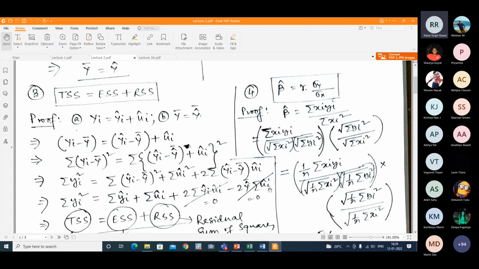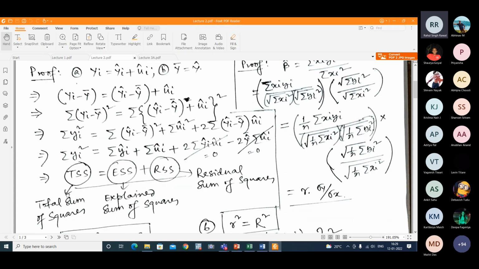So this into summation of u hat i, and again this will be cancelled out. And then I am saying total sum of square is equal to explained sum of square plus residual sum of square. So we have completed our discussion up to this point.